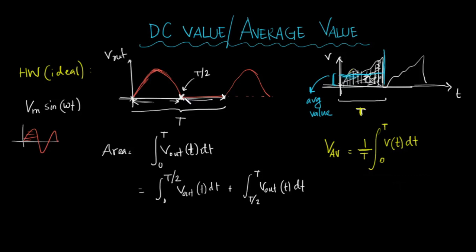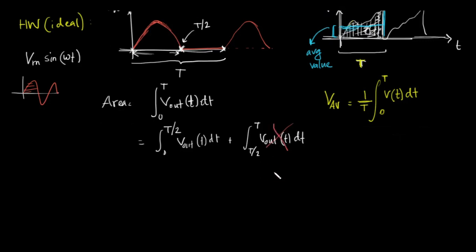Is there any output in this portion? There is actually no output. So V out(t) is 0 from T by 2 to T, and the area under 0 will definitely be 0. So this part will not contribute anything. We will only have the first part.